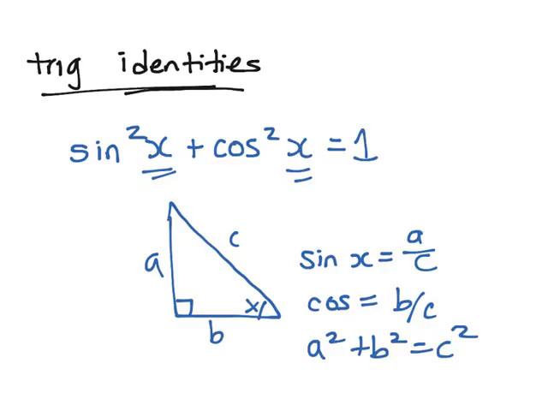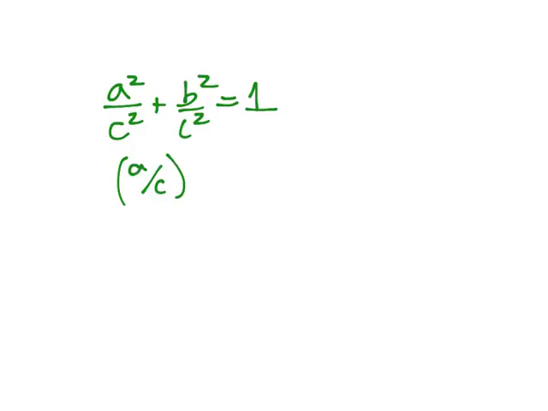If we do a little algebra, and we divide everything here by c squared, we get a squared over c squared plus b squared over c squared is equal to 1. That's like saying a over c squared plus b over c squared is equal to 1.